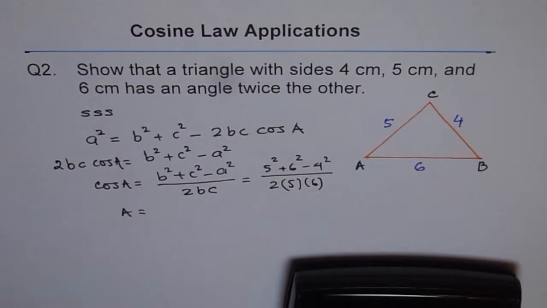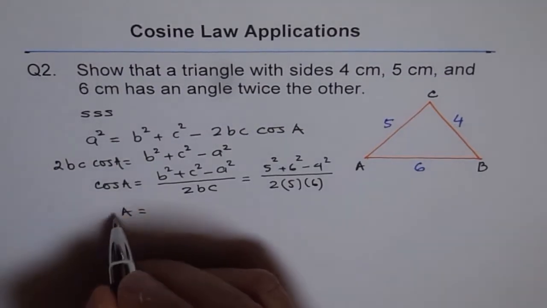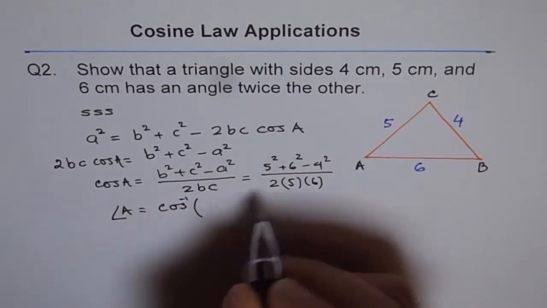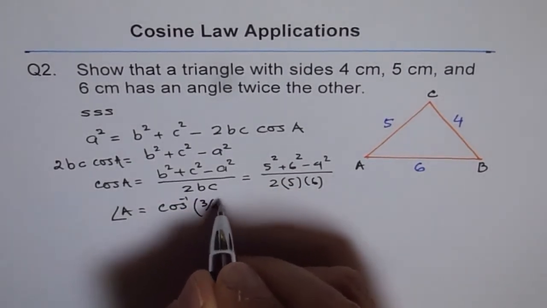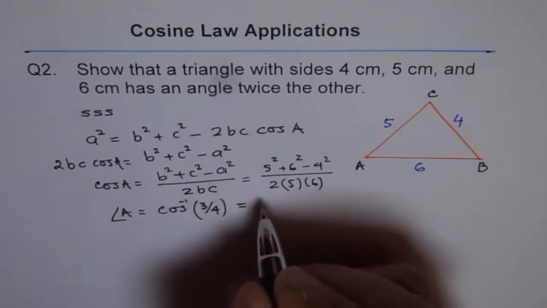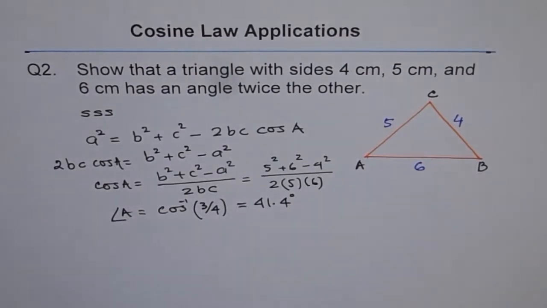So we get 3 over 4, and we can do cos inverse of this, that is the second function, and cos inverse equals 41.409. So we say angle A is cos inverse of 3 over 4, and we got this equal to 41.4 degrees. So that is angle A.